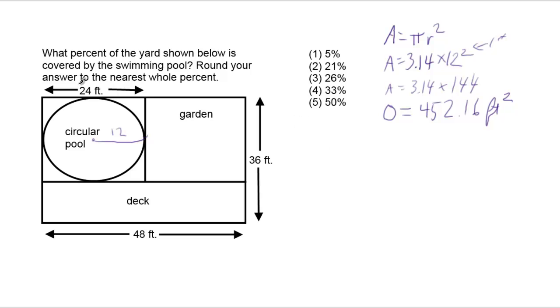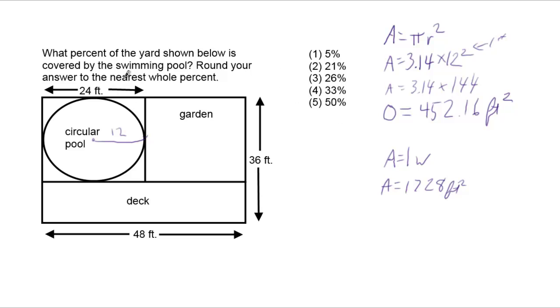Now we find the area of the whole yard, and for that we use A equals length times width. These are both labeled, so all we do is multiply 36 by 48, and we get 1,728 feet squared.